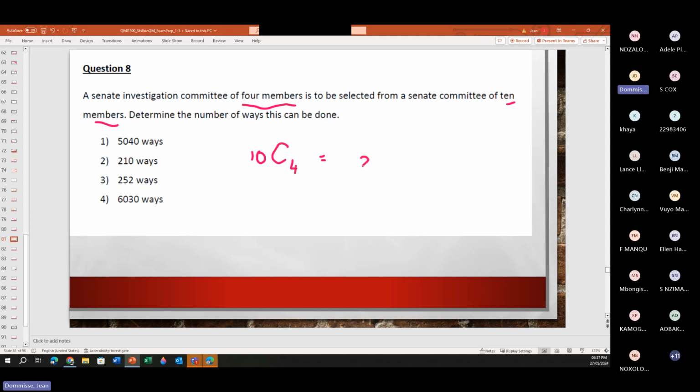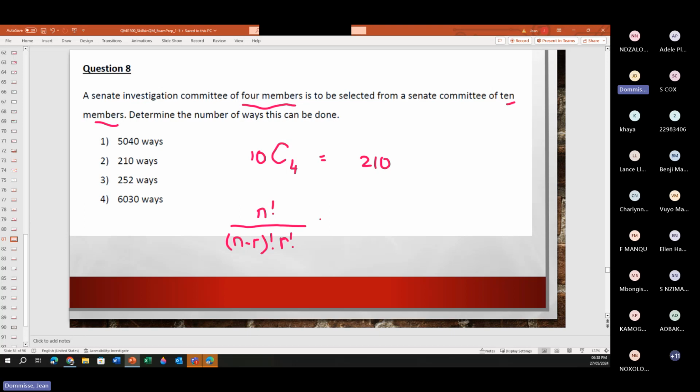I get my answer as 210 according to the calculator, but let's also write that down as a formula. So the formula would have been n factorial divided by n minus r factorial times r factorial.